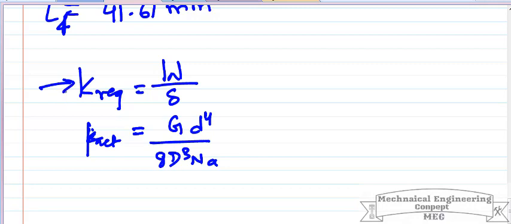This K required shows the value I actually require for that 250 Newton load. And this K actual shows we actually have a stiffness value of so many Newton per mm. So how does this formula come?